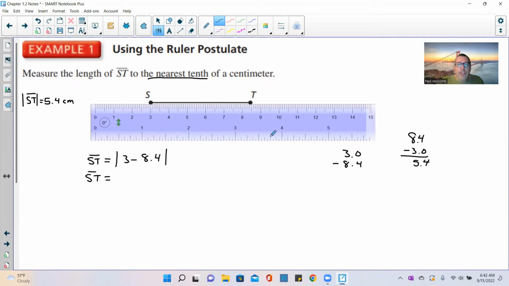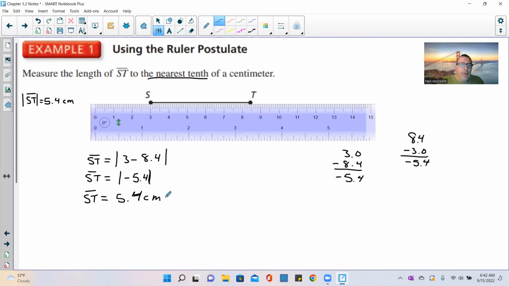Then you take the sign of the larger. 8.4 was negative here, since it's 3 plus a negative 8.4. So this comes out to be negative 5.4. The absolute value of negative 5.4 is 5.4, so segment ST equals 5.4. It comes out the same.